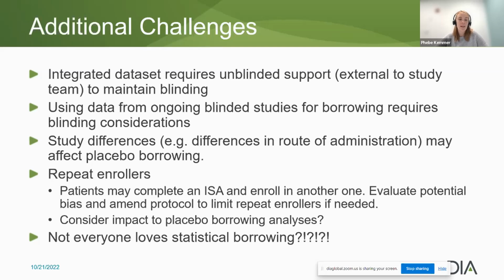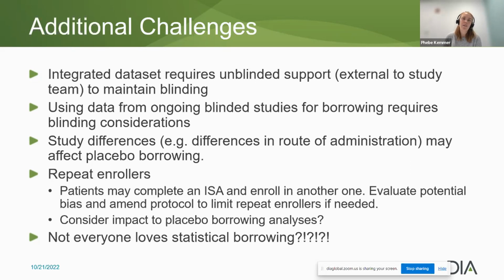Another big thing that's come up is repeat enrollers. So part of the design of the study is that if a patient completes one of the ISAs and waits at least 30 days, they can enroll in another one. So an osteoarthritis patient can enter the study for the first asset, complete that, wait 30 days, then enter for the second asset potentially. So we have been seeing some patients doing that.